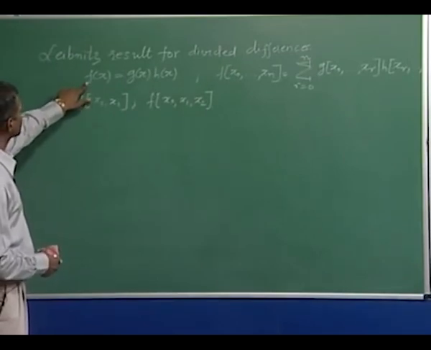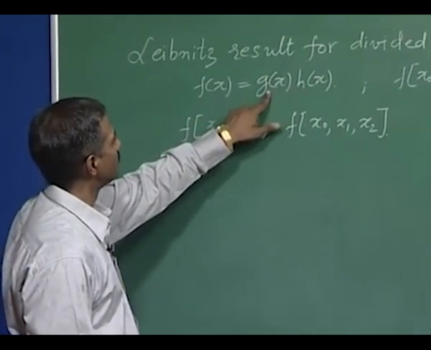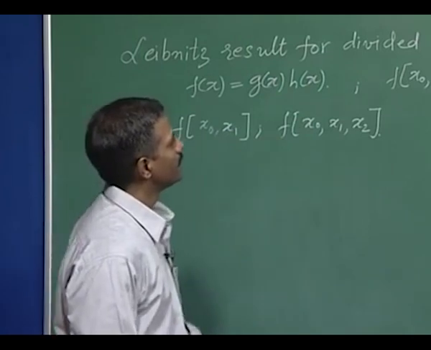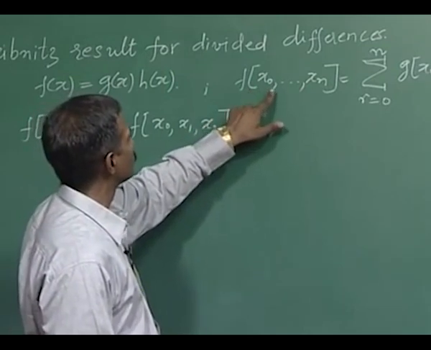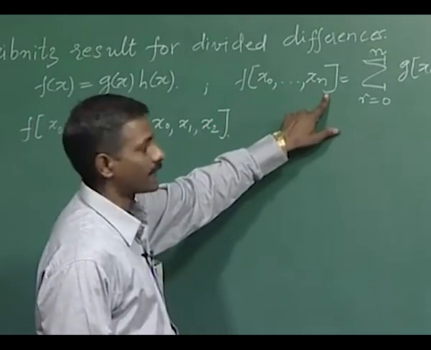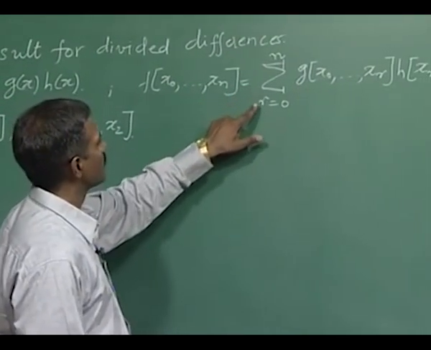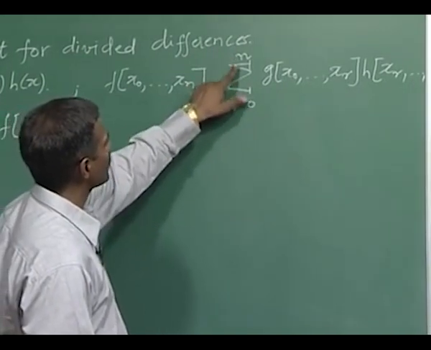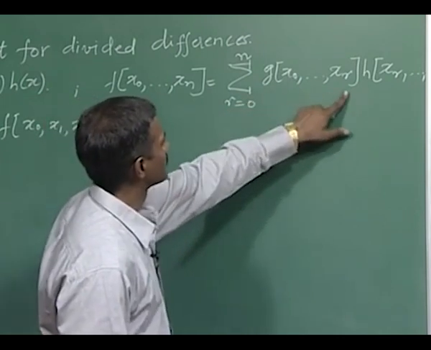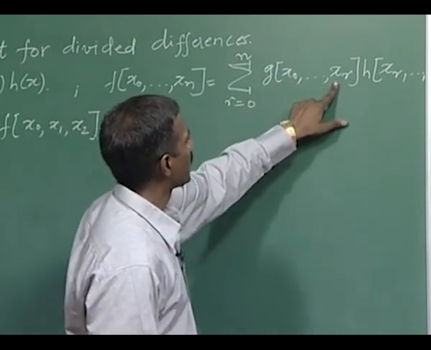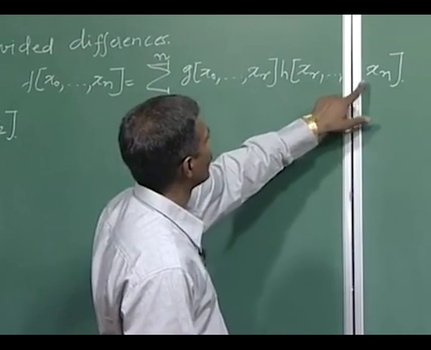Given a function f of x, and if that function can be written as a product of two functions g of x and h of x, the nth divided difference f[x0, x1, up till xn] is given by summation index r going from 0 to n, the rth divided difference of g, that is g[x0, x1, up till xr], times h[x_{r+1}, up till xn].